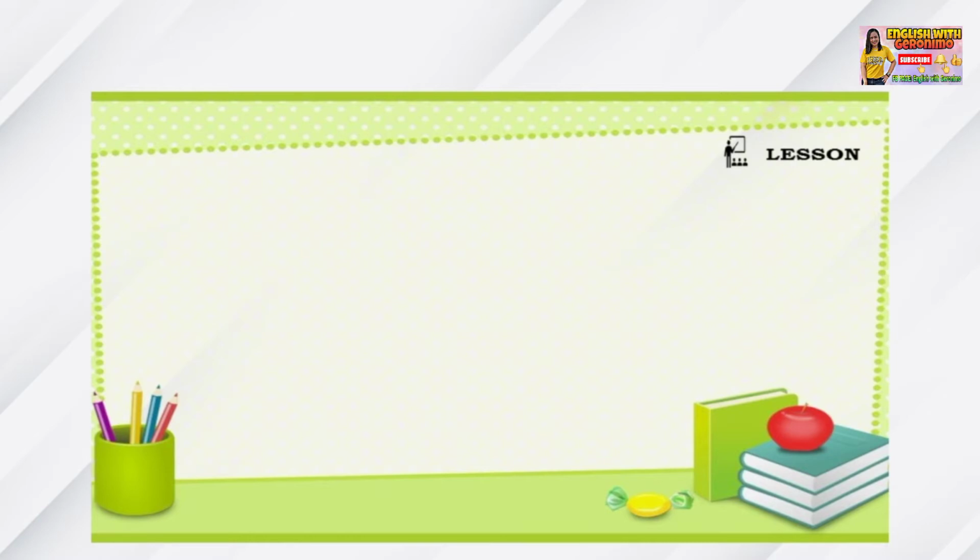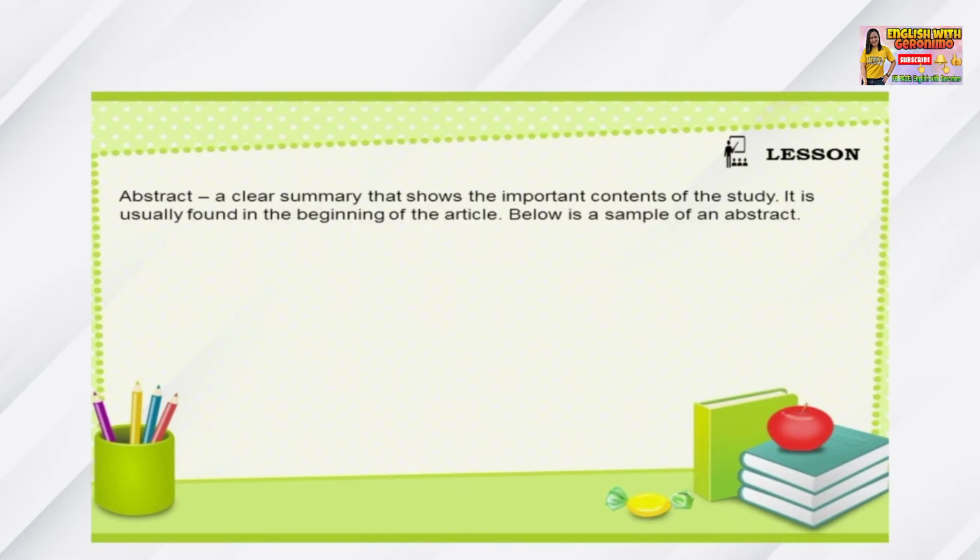Before you conduct a research, you have to understand some terms important in developing your study. First is abstract. Abstract is a clear summary that shows the important contents of a study. It is usually found in the beginning of the article. Below is a sample of an abstract.